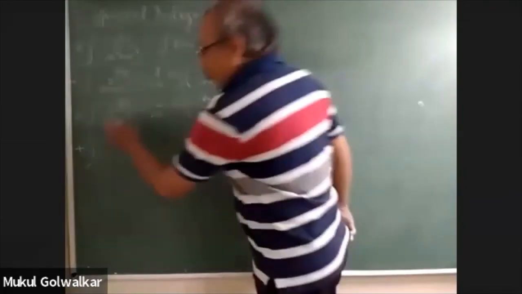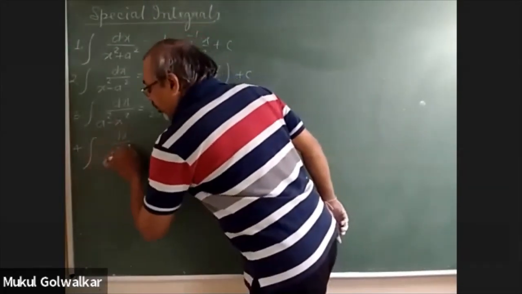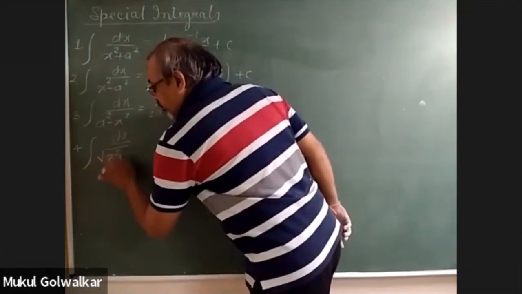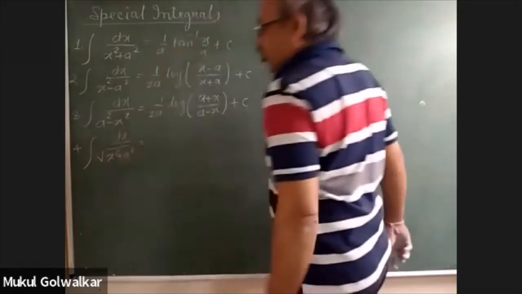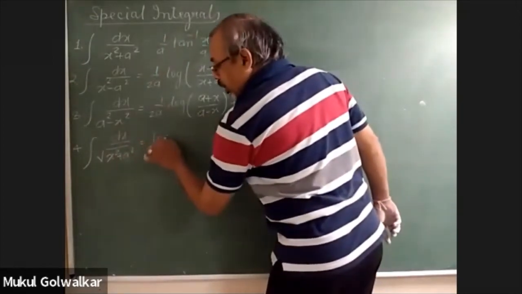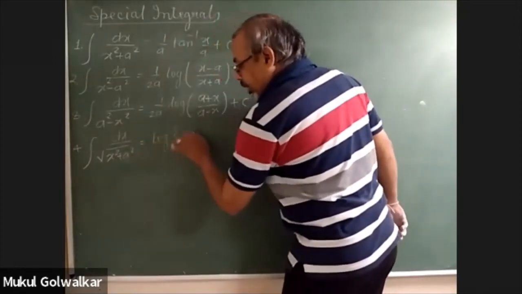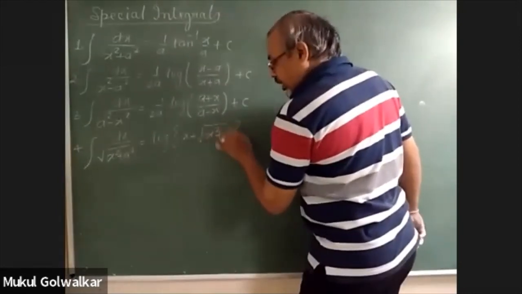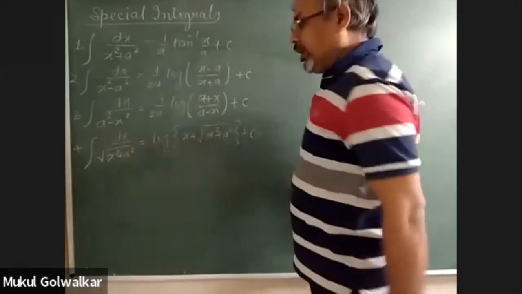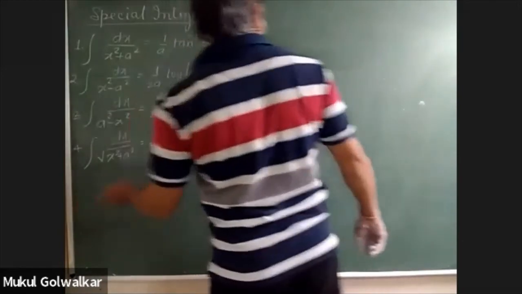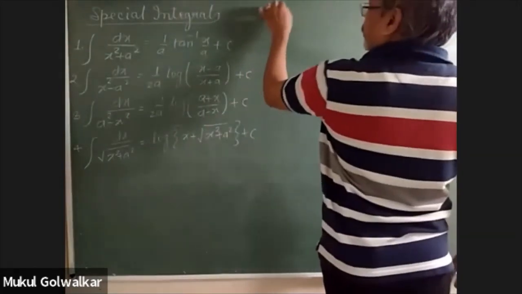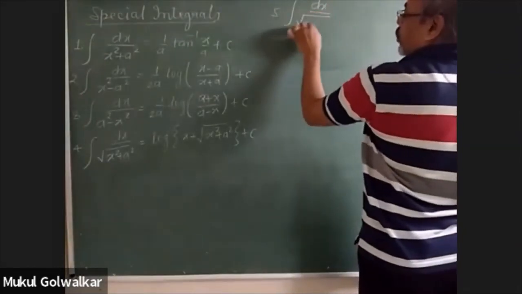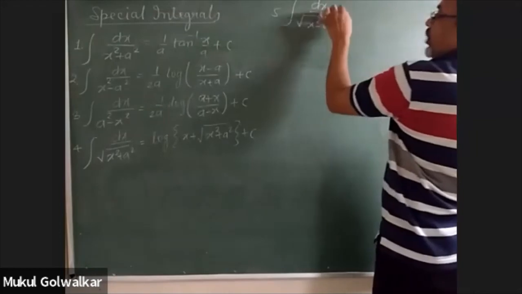The fourth formula is dx upon under root of x square plus a square. It is equal to log of x plus under root of x square plus a square plus a constant quantity. Fifth formula, integration of dx upon under root of x square minus a square.